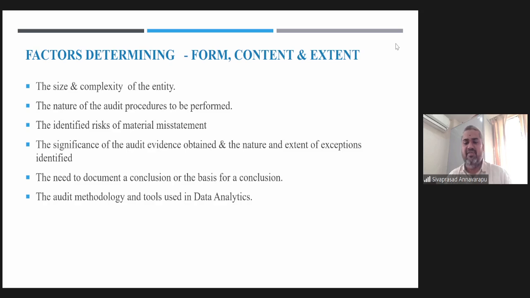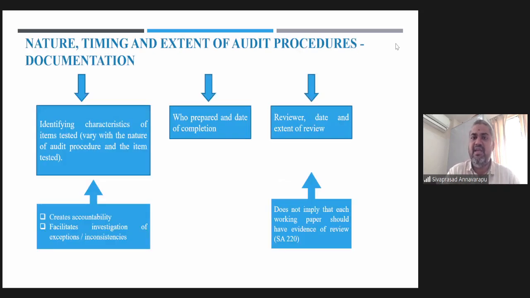To demonstrate all of this, we have to build up sufficient documentation, keeping in mind all of these factors. Before we close our documentation and archive it, in fact before we start our audit itself, we must have these factors in mind so that we are on a very clear path as to how much and to what extent it has to be documented.